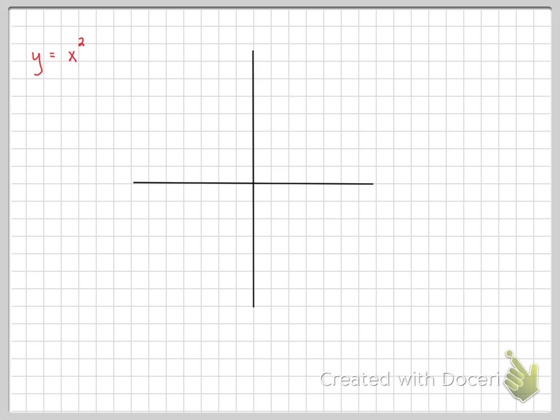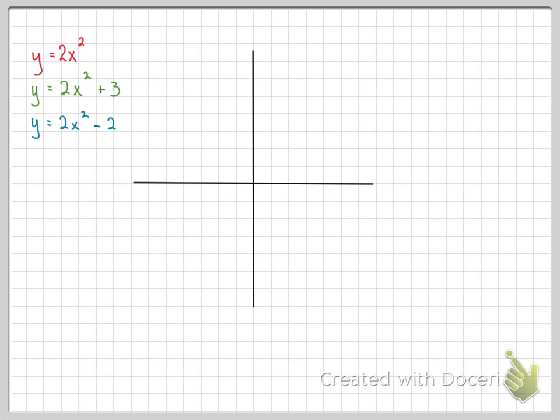Let's start with 2x squared. Then from there, we will go to 2x squared plus 3, and then we will do 2x squared minus 2, okay? So that is going to give us another transformation.